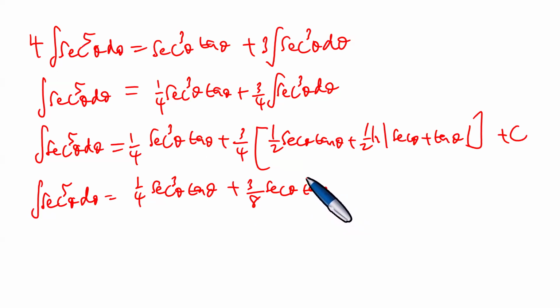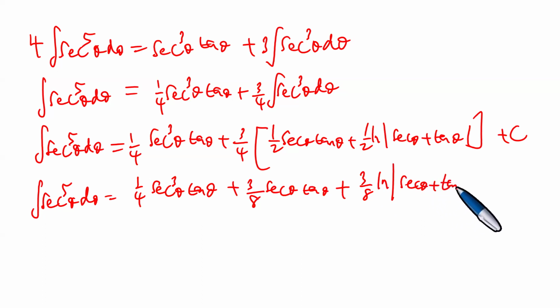So in which case, we're able to see exactly what we're getting here. And this then becomes the following. This is going to become also plus 3 out of 8 the natural log of the secant of theta plus the tangent of theta plus c. Let's check this one. Right, so we have exactly these here.